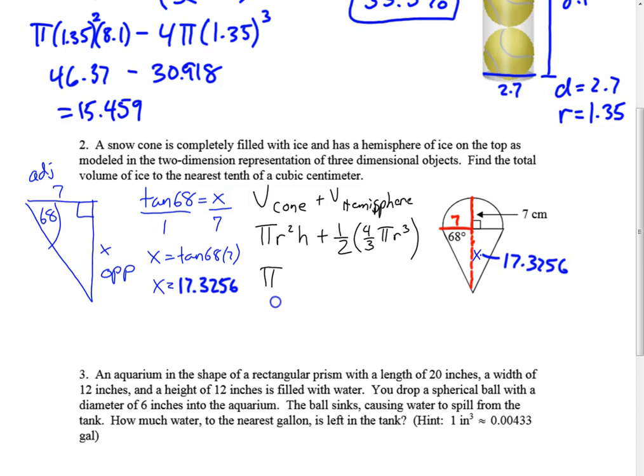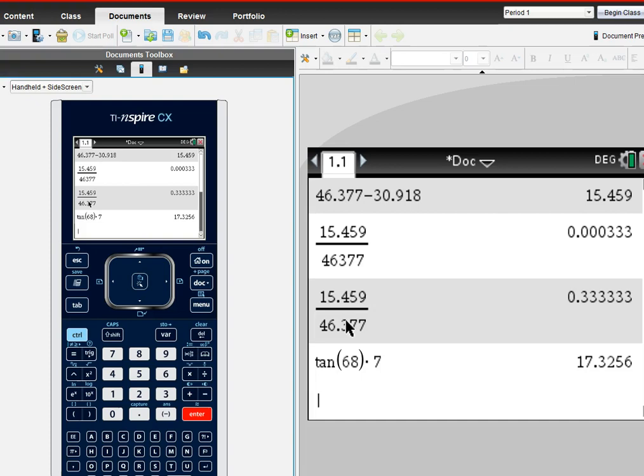So we have pi, our radius is 7 squared, and for the height, that's where the 17.3256 comes in, plus 1/2 times 4/3 pi times 7 cubed. Then we're just going to put all of that in, and that will be our total volume. So let's see.